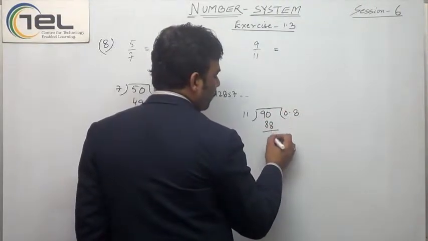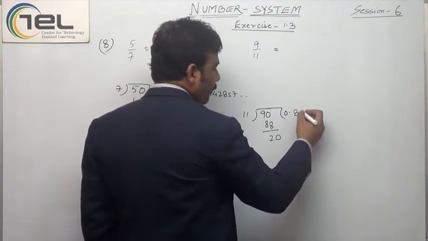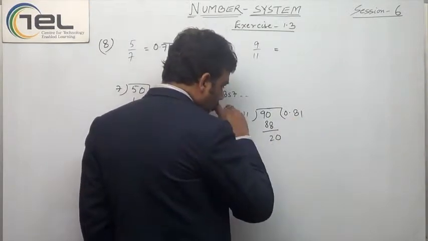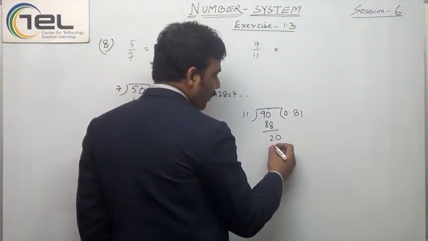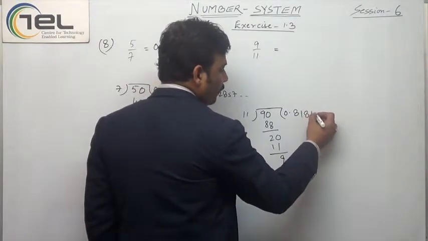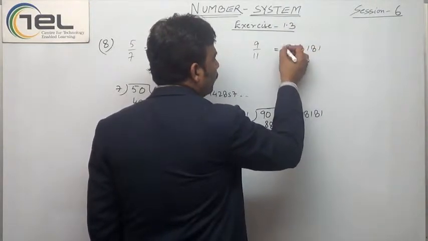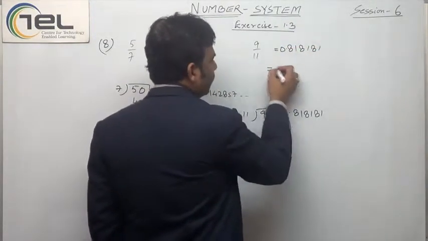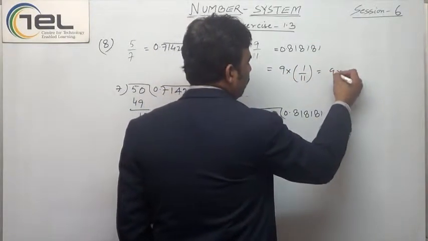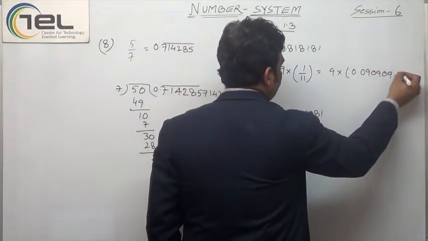Dividing 9 by 11 gives 81, 81, 81 and so on. Or I can write it as 9 times 1/11, where 1/11 is 0.090909 and so on.